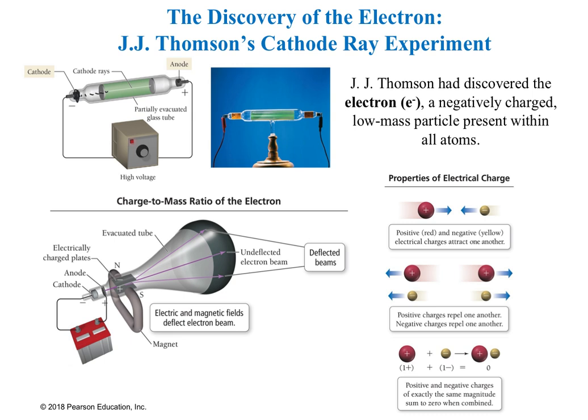When J.J. Thomson put an electric or magnetic field near the stream of particles, it would bend, and he could measure them on this film at the end here. The angle at which it bent, in proportion to the strength of the magnet and the voltage being applied, allowed those calculations to be done. Again, the charge to mass ratio was 1.76 times 10 to the 8 coulombs per gram.